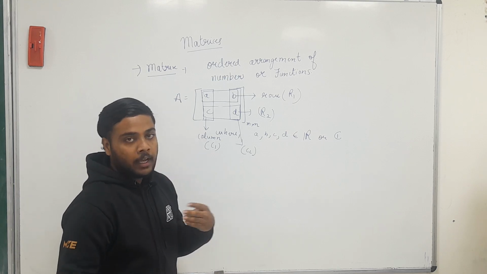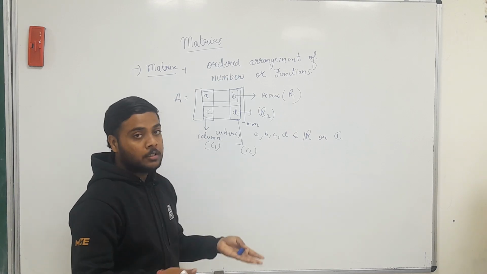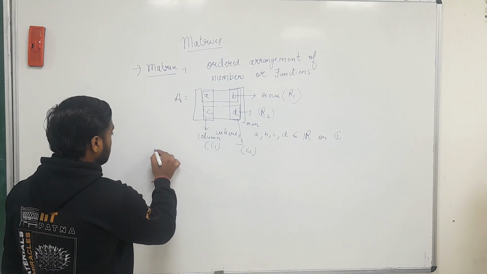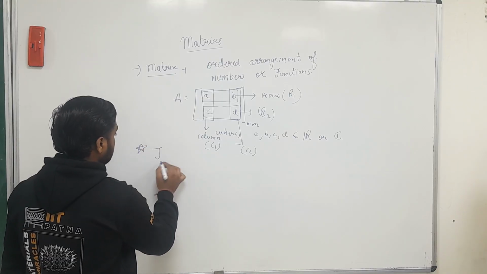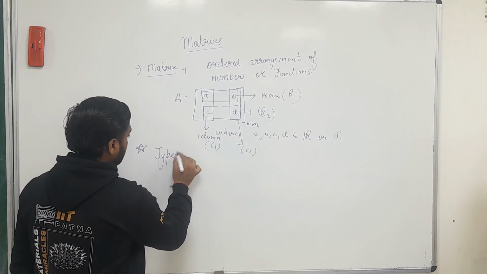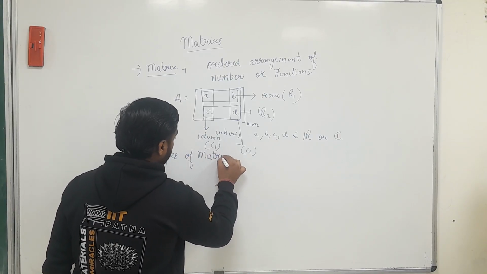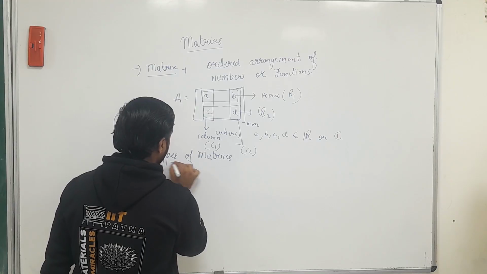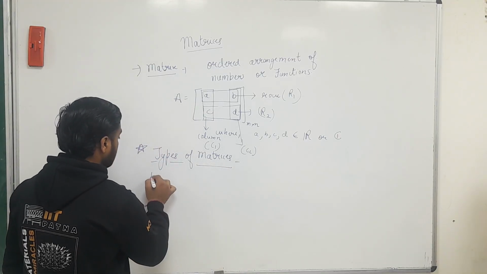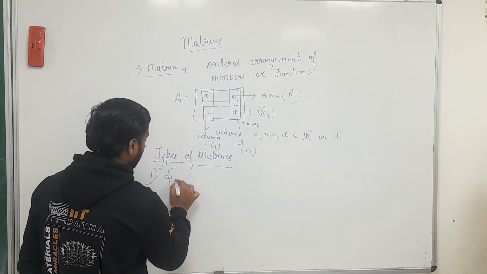So I explain the types of matrix. What are the types? Types of matrices. First, square matrix.